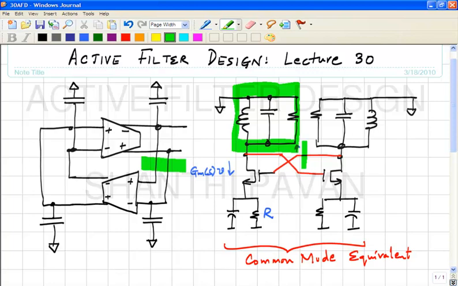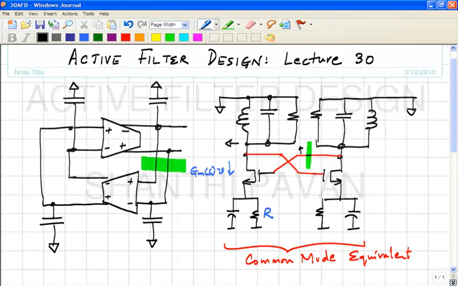So the loop gain magnitude is simply proportional to, if we broke the loop here, applied a voltage there and found the voltage here, this would give the magnitude of the gain of one of these amplifiers. Two such identical amplifiers are connected in cascade, and then the loop is closed.